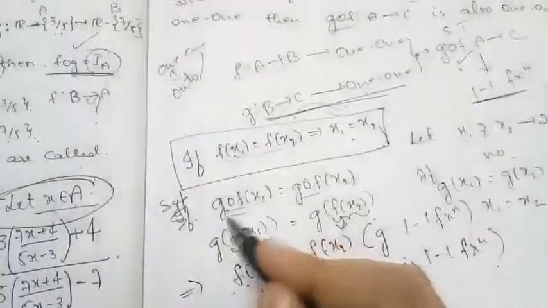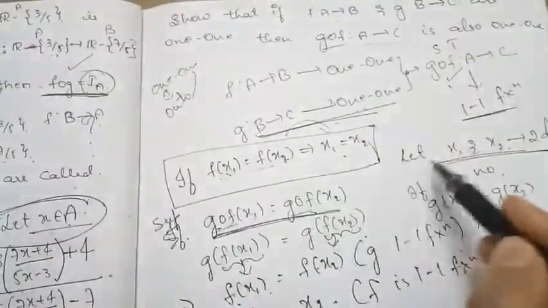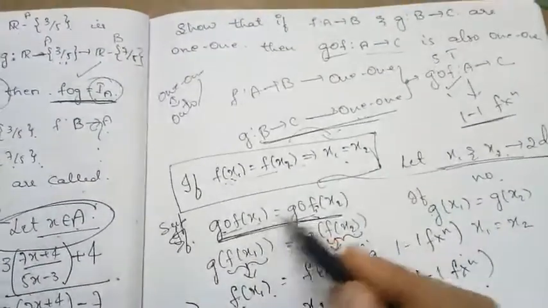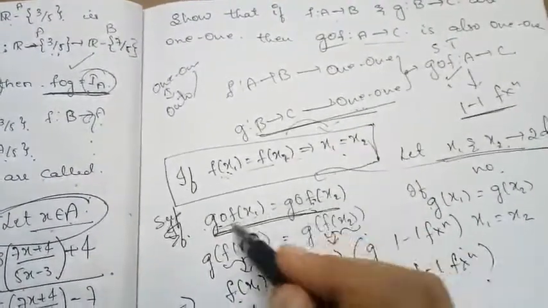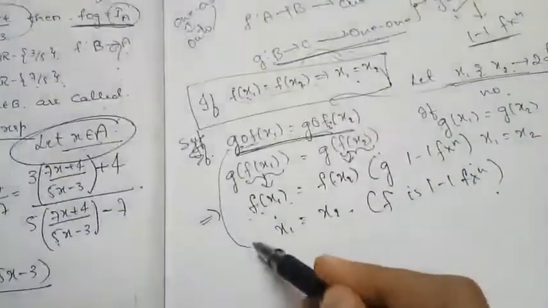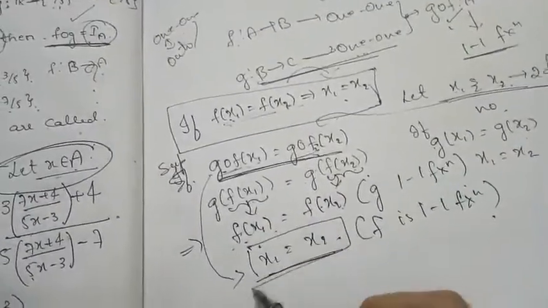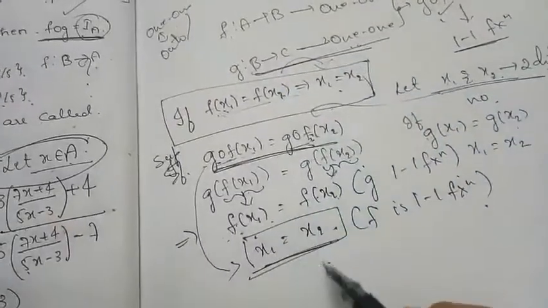So we started by considering two different elements and assuming the images of those two elements are same. Starting with the images being same, we came up with the two elements not being different, they are the same thing. So the same algorithm for one-one holds.